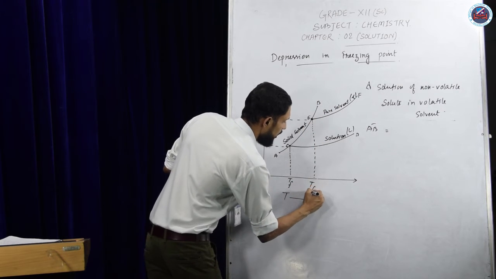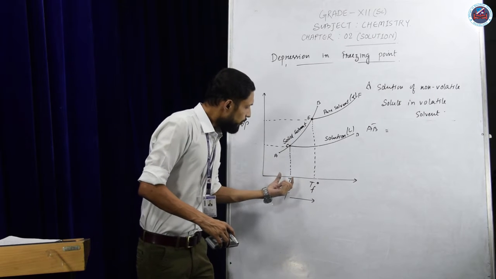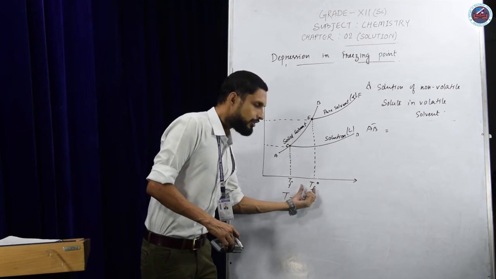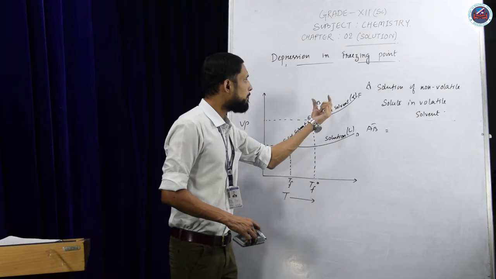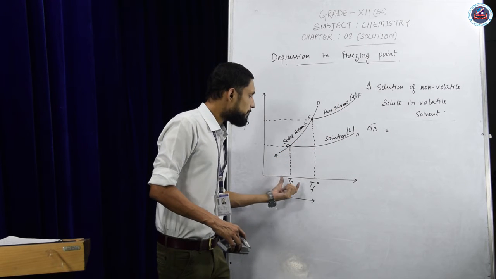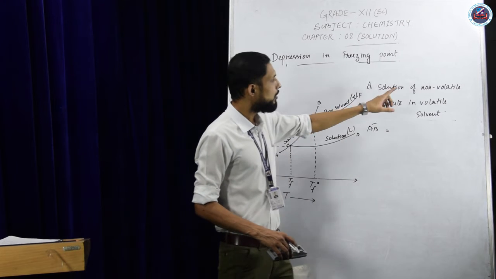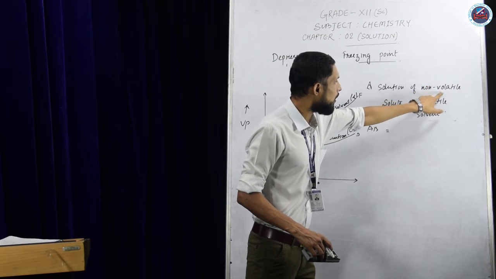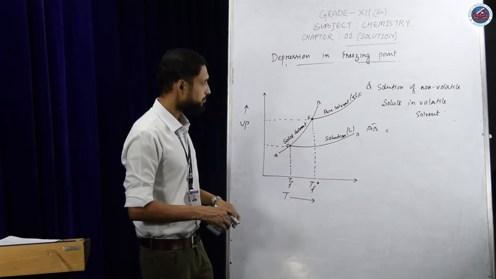Let it be Tf naught. Now you can see here Tf naught is greater than Tf. That is, the freezing point temperature of pure solvent is greater than the freezing point temperature of solution prepared by dissolving non-volatile solute in volatile solvent.